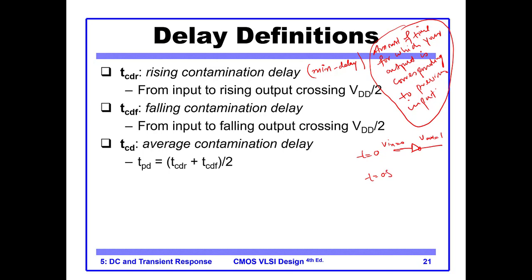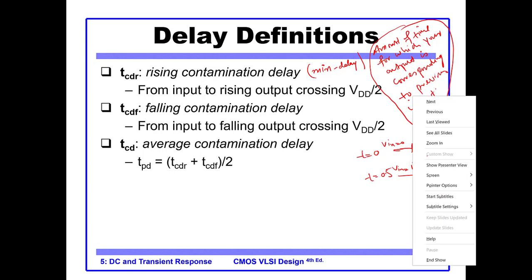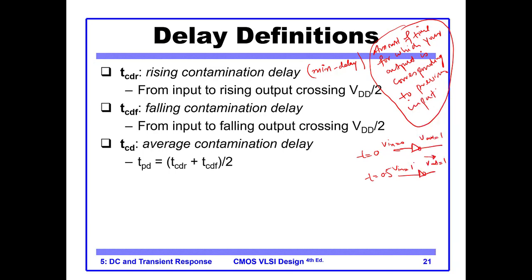At t is equal to 0.5, what happened, that Vin is 1, okay, but Vout is still 1, okay, because this change in input has not affected the output. So that amount of time is called contamination delay, the amount of time for which your output is corresponding to your previous input. So this output is corresponding to this previous input, not the current input. That is called contamination delay.